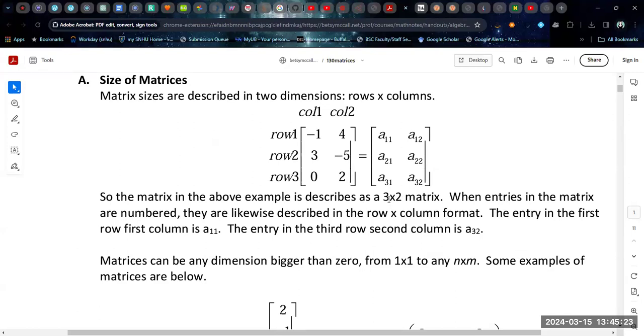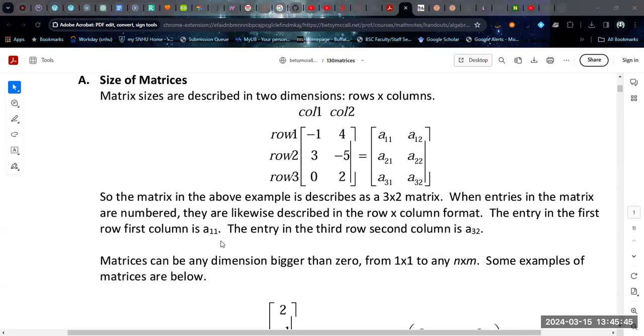When we want to specify an entry in a particular matrix, we have a variable with subscripts, and the subscripts represent, in order, the row and then the column. If we are dealing with small matrices, as we usually do in either an algebra or a linear algebra class, then we usually don't have to worry about dimensions that have 2 digits.